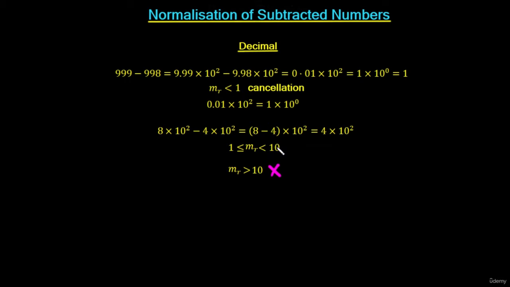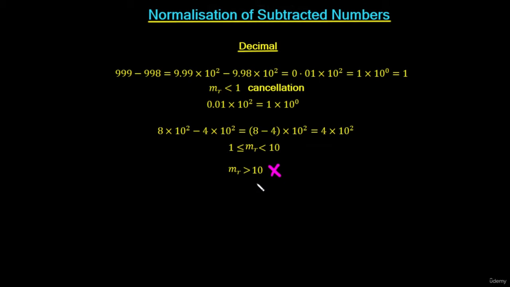So if we take two numbers within this range, 1 to 10, and we subtract them, we're still always going to be left with a number which is within this range. We're never going to get a number that's greater than 10. So this can never occur.